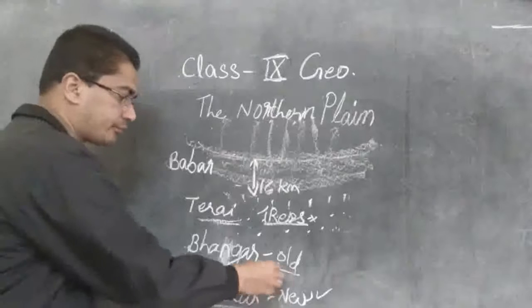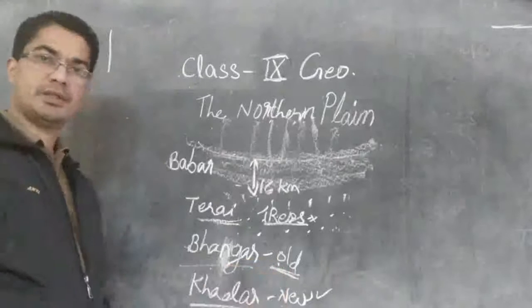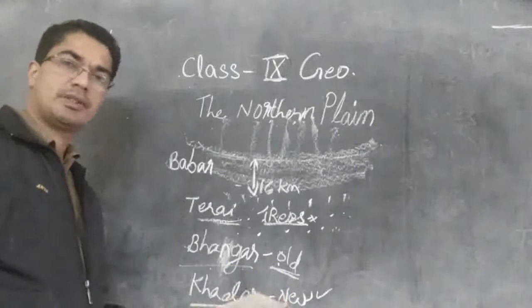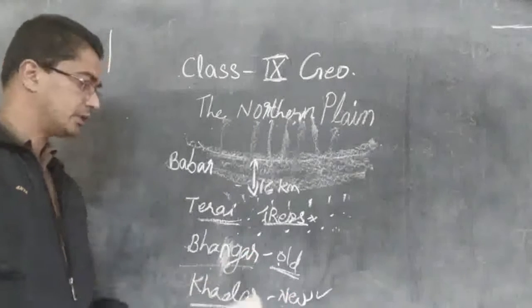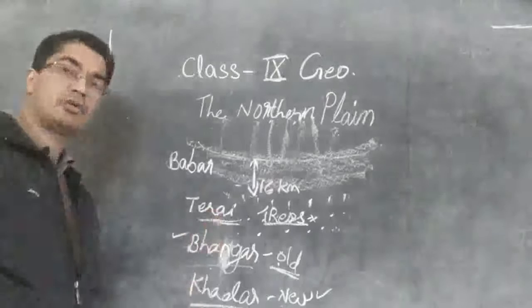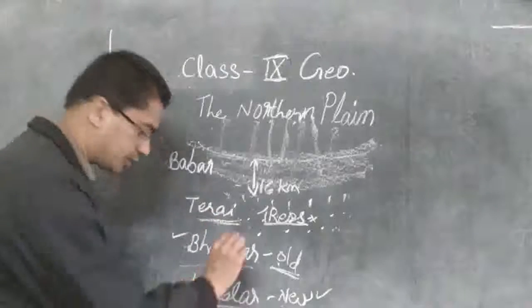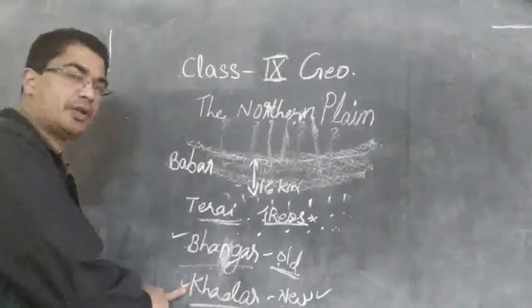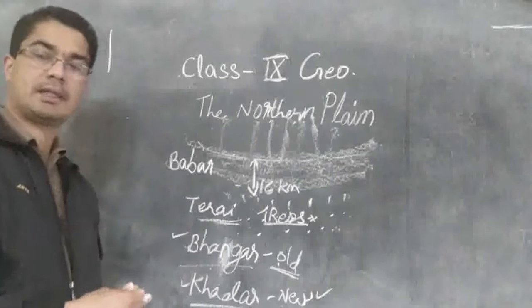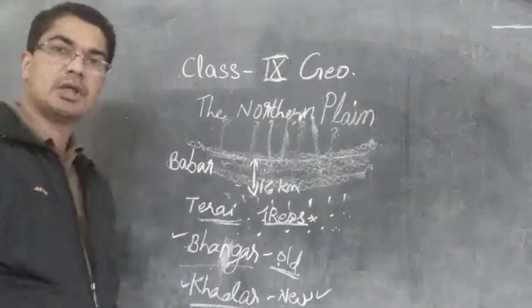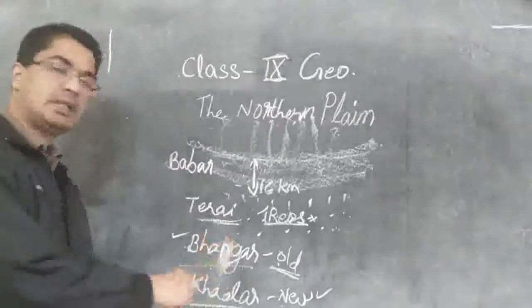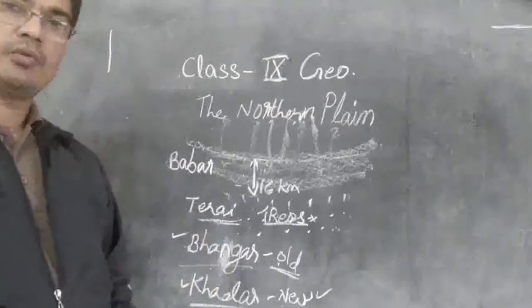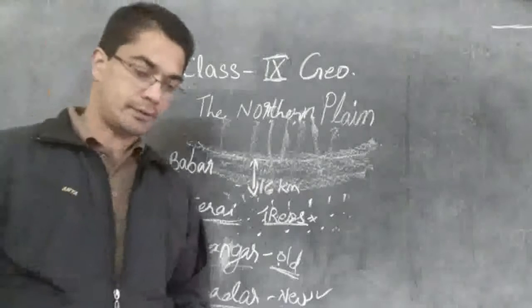But in the older area, since it is already cultivated, the elements in the soil may not be enough, so the plants may not grow that well. But this one is very good for agricultural crops, and it produces the best harvest. Therefore, farmers are intensely cultivating in this new alluvium soil called Khadar.